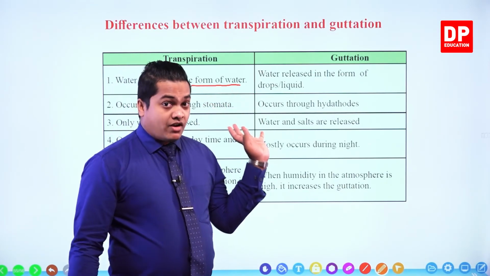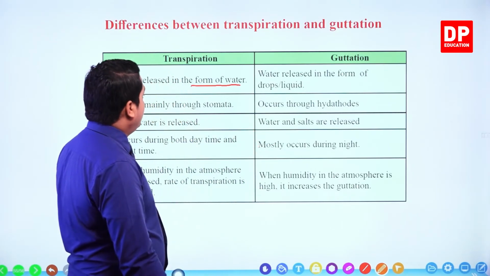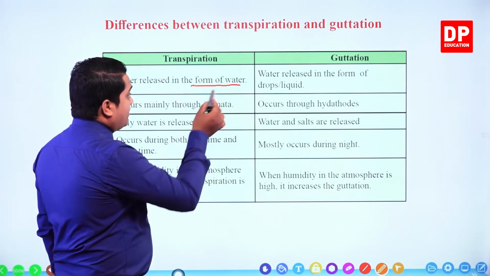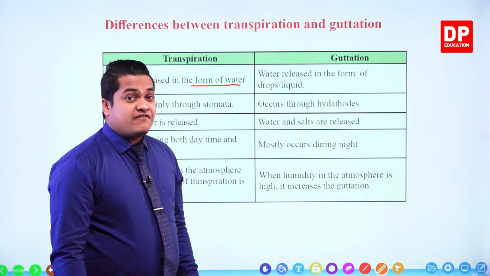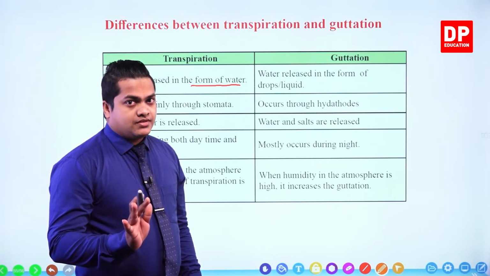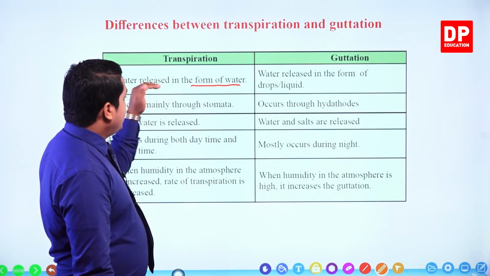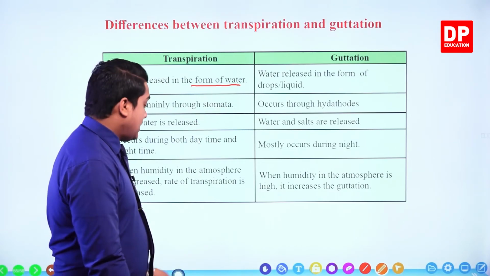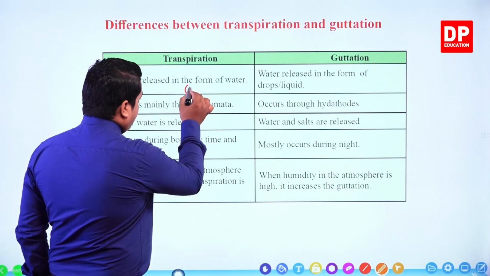However, during transpiration, my dear children, it is not being released as droplets, but in the form of water vapor. It is being released as water vapor, not as droplets. So, in transpiration, water is released in the form of water, I'll mention this as water vapor, within brackets.